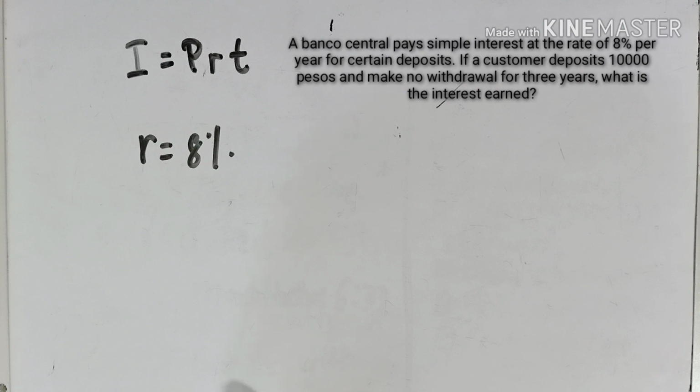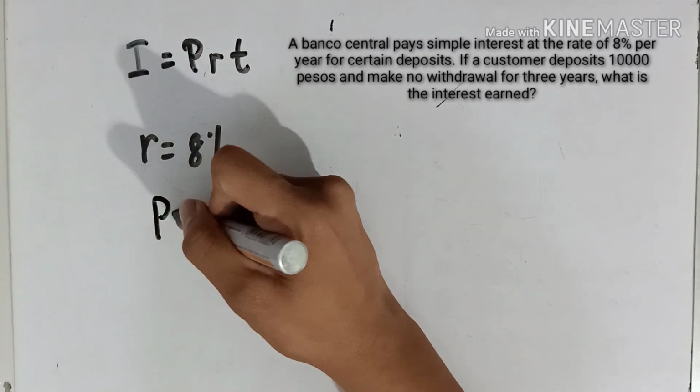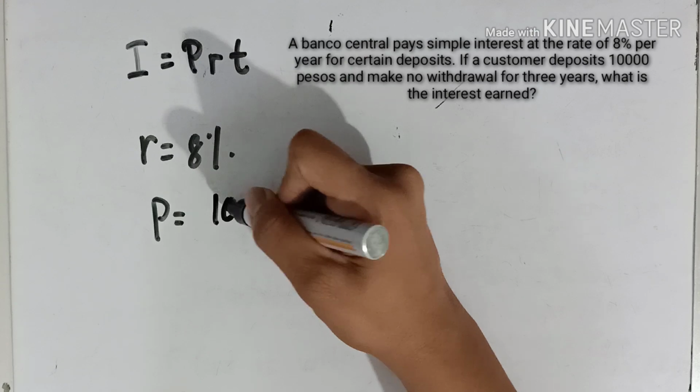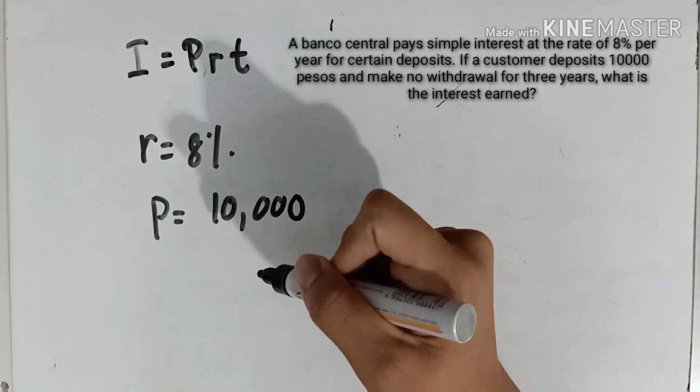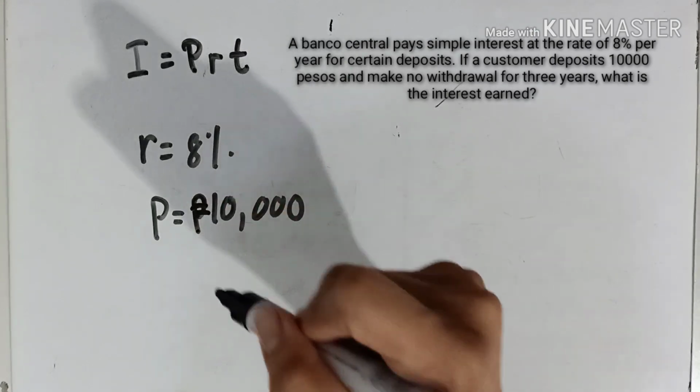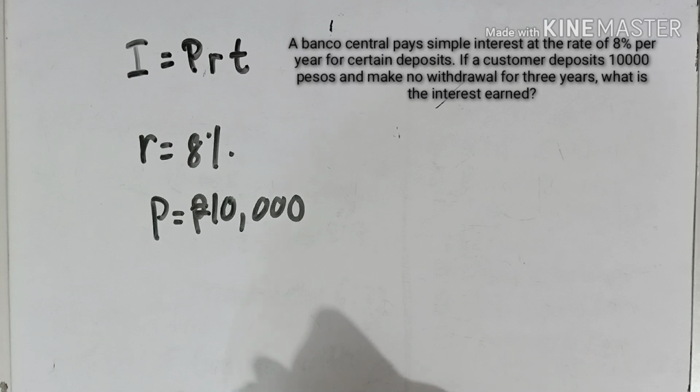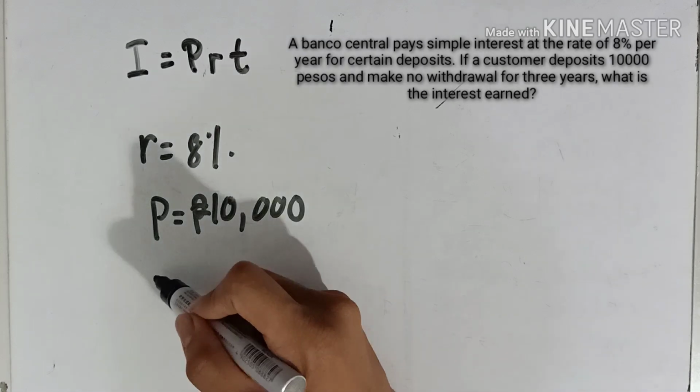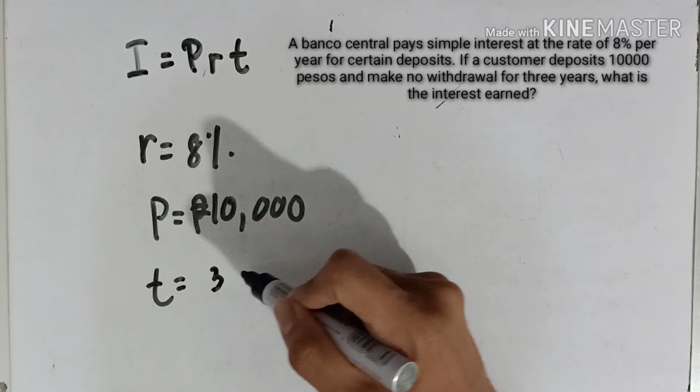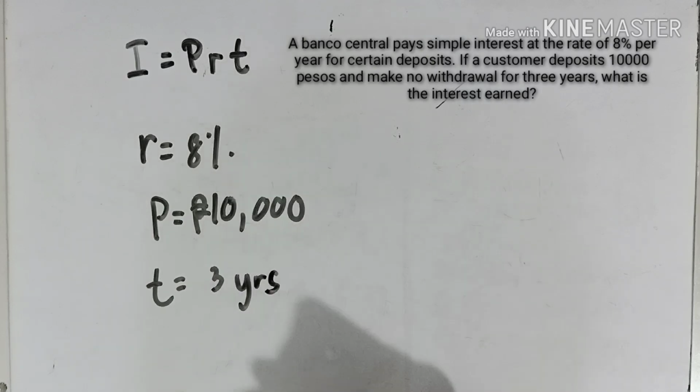If a customer deposits 10,000, which is the principal amount, and makes no withdrawals for 3 years, time is 3 years. The question is, what is the interest earned in that period of time?